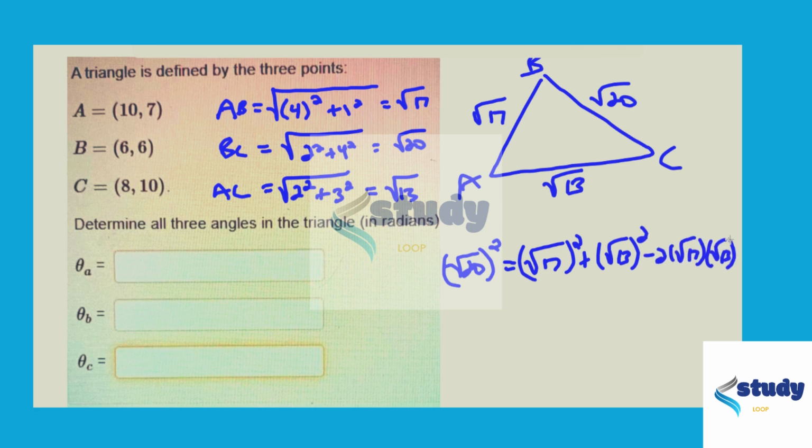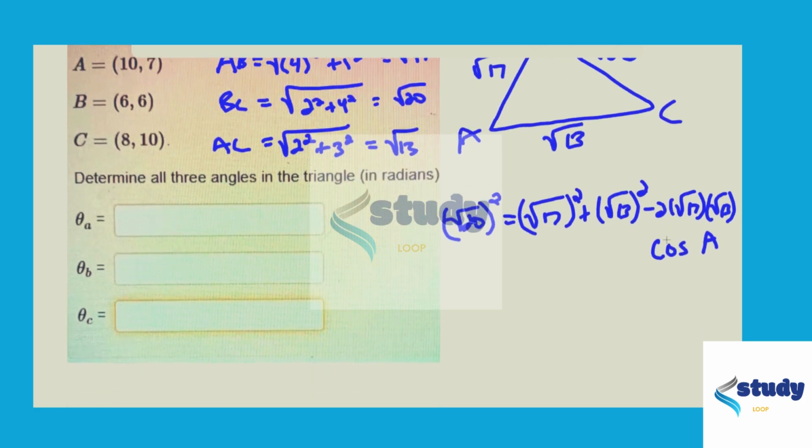I'm out of space here. We're still multiplying times the cosine of angle A. So that would be 20 equals 17 plus 13 minus 2 times the square root of 17 times 13, which is 221.